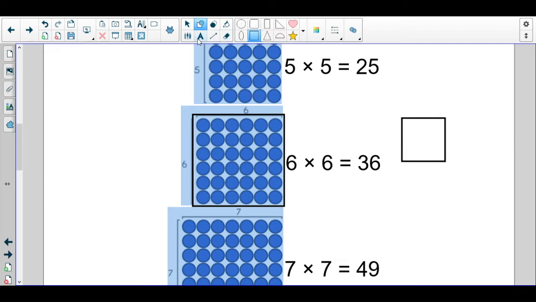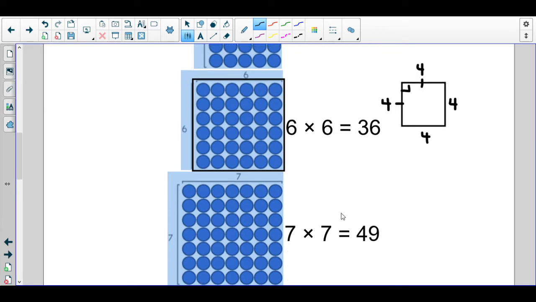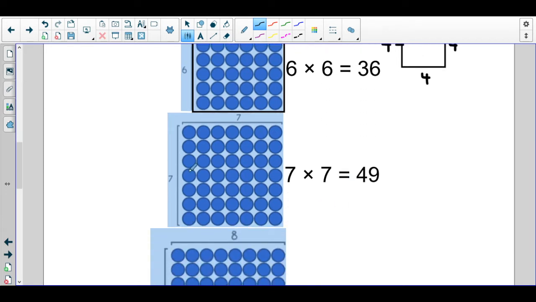What do we know about a square? Well, a square must have not only right angles in every corner, but each of the sides, and we'll use 4 right here, each of the sides must be the same. A square has equal sides. Perfect square numbers have the same amount.